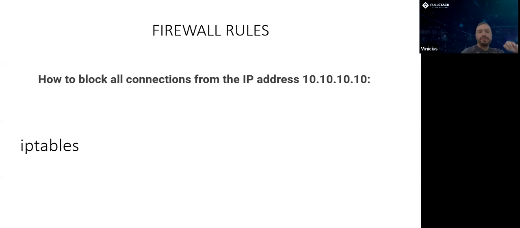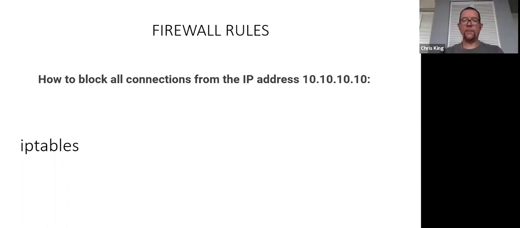So among the three options that we saw, input, output, forward, which option should we use right now? Where are we applying this rule? If it's for incoming connections, input.